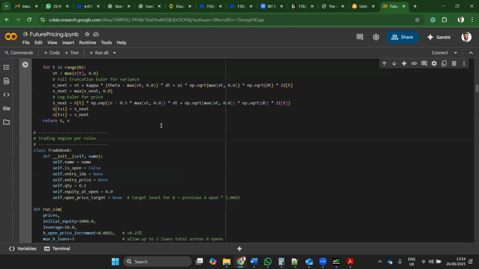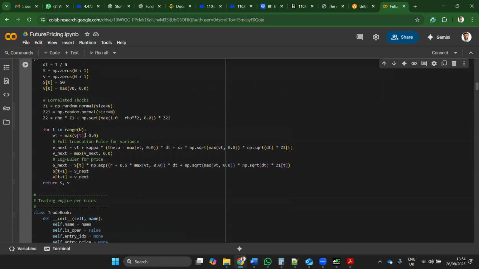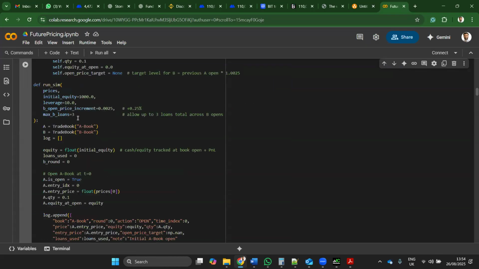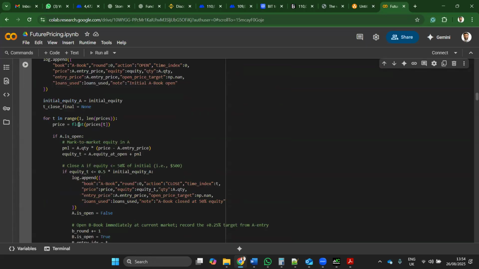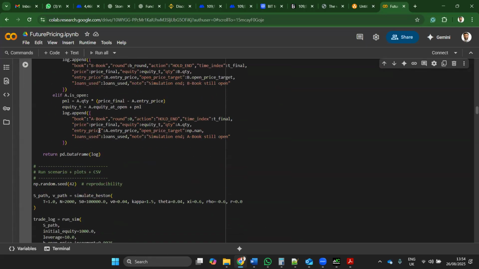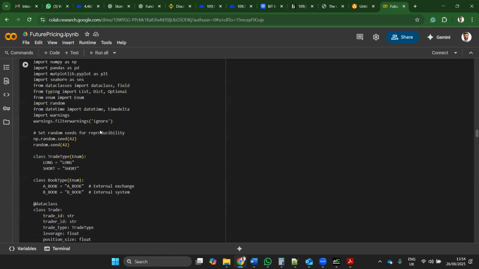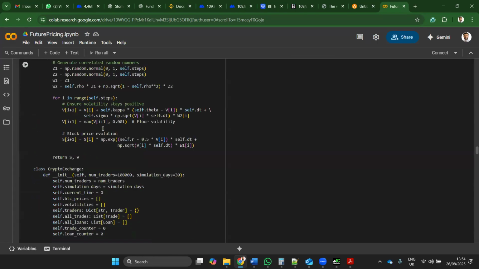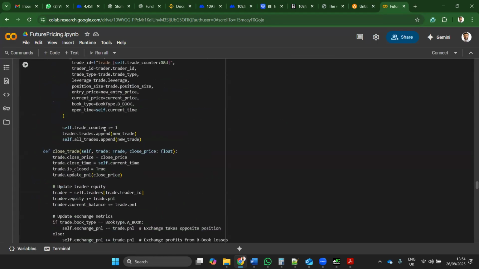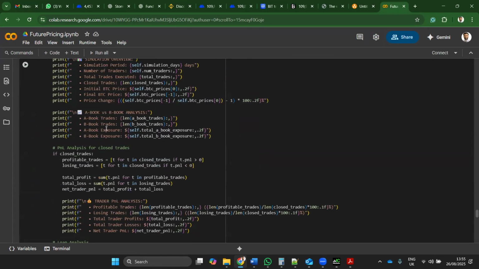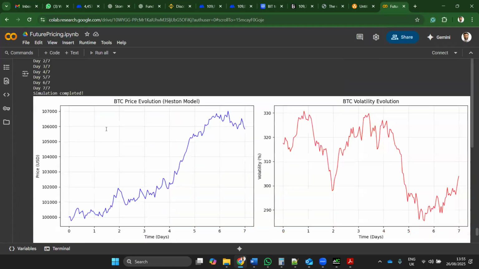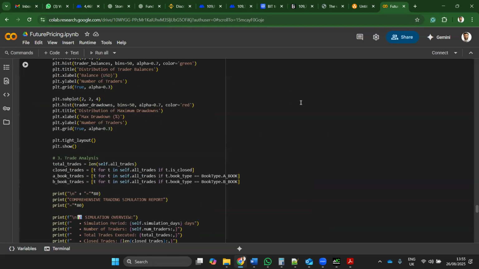There's good learning on how to simulate the BTC price, and that's something that can go into your thesis as well. Okay, first I'll just show you the first piece of the code.